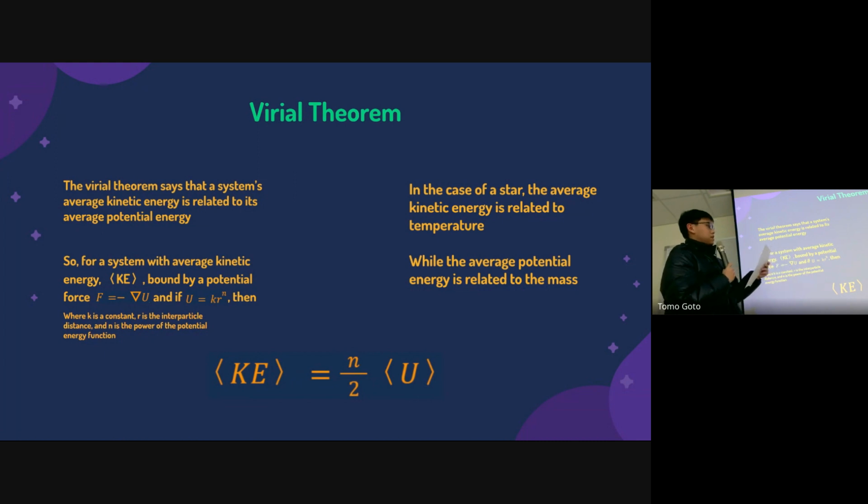And it becomes N over 2 because the Virial theorem also states that if a force between any two particles is proportional to the distance, it becomes N/2.